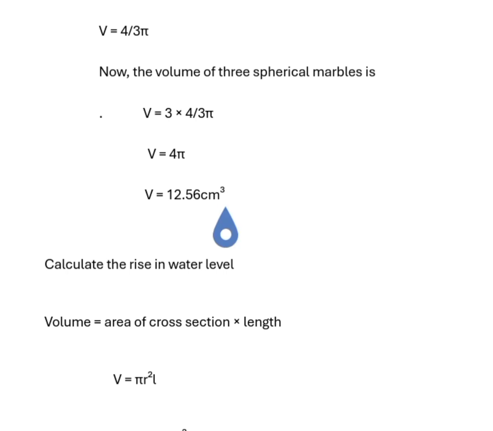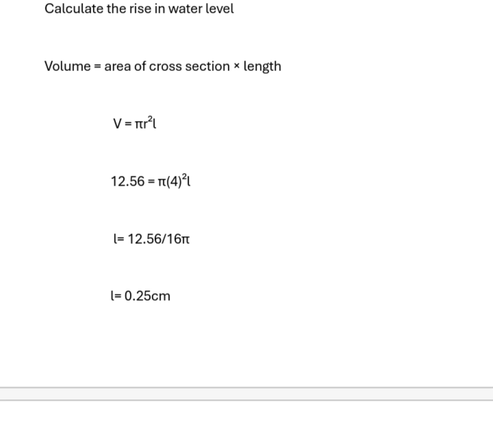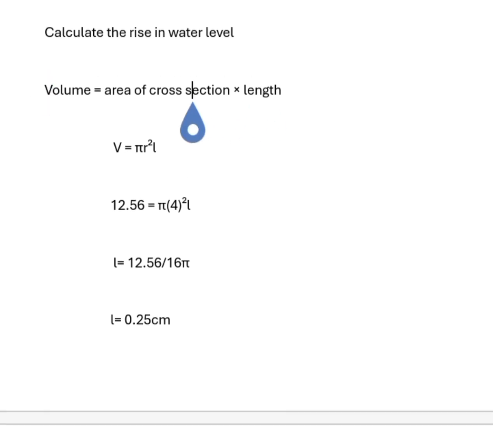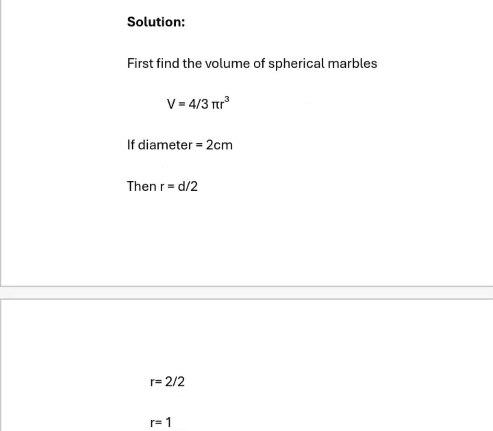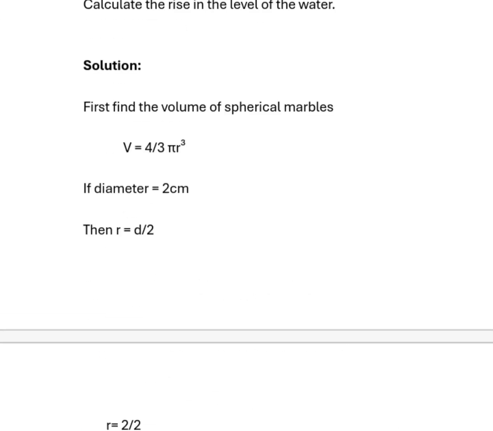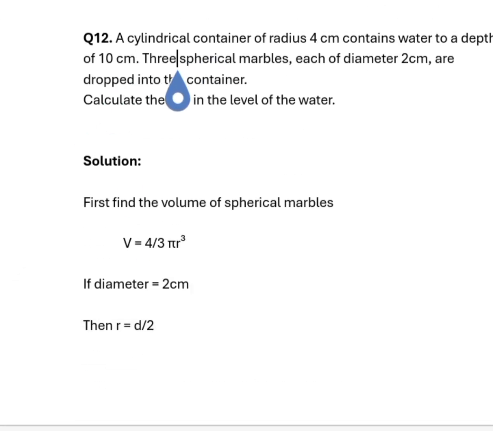Now the volume of the three spherical marbles is 12.56 centimeter cube. Now we calculate the rise in water level. Volume is equal to area of cross section multiplied by length, because we are given a cylindrical container.